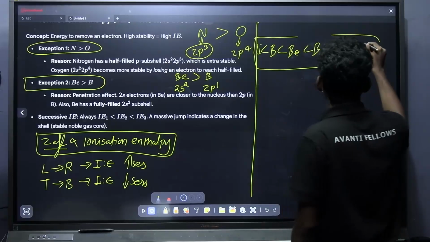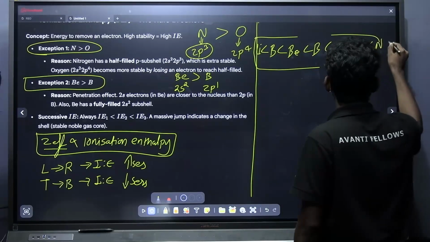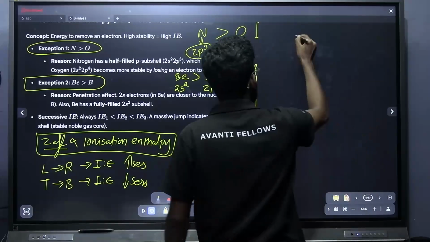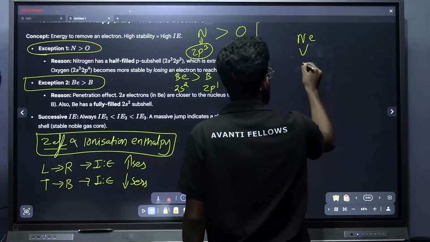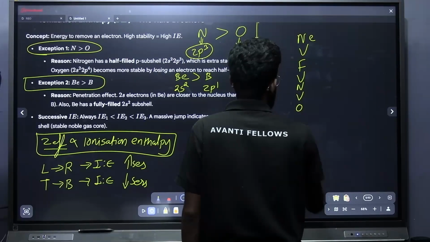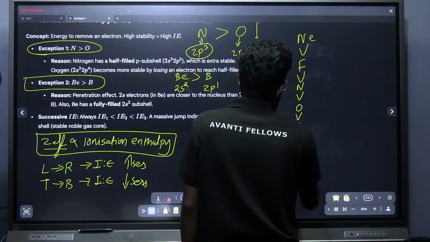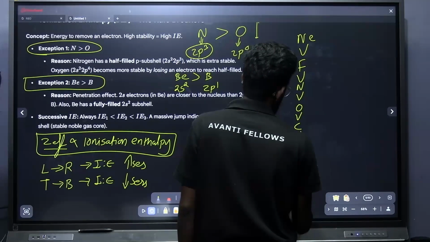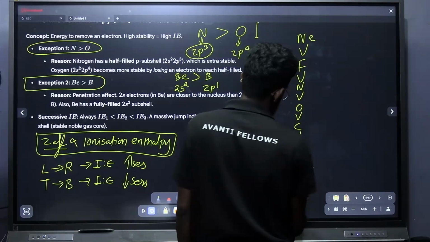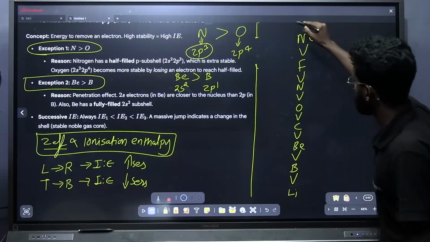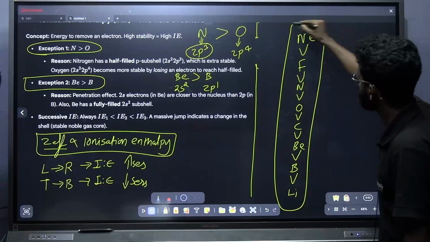Okay, I will be writing it over once again. The highest one is neon, then fluorine, then nitrogen, then oxygen, then carbon, then beryllium, then boron, then lithium. This is the order. Just take a note of it for the second period.